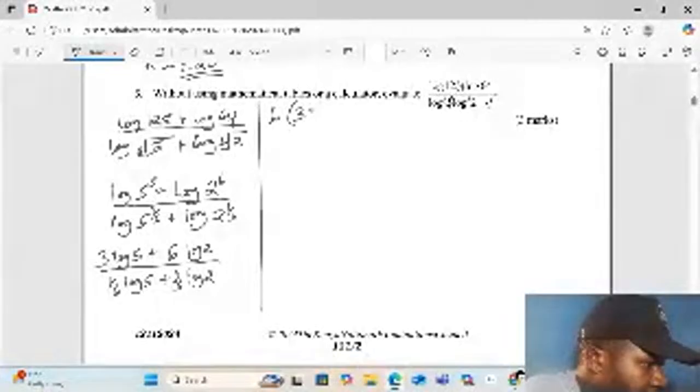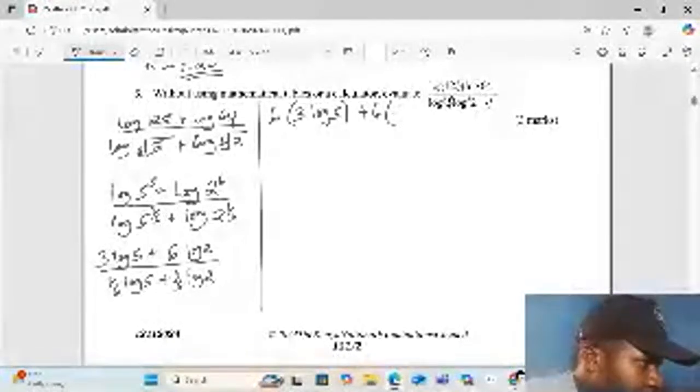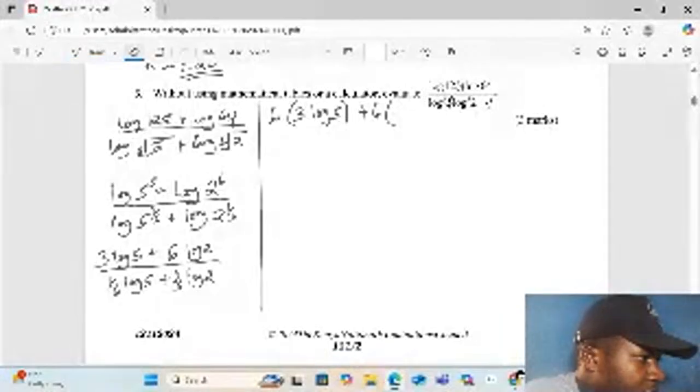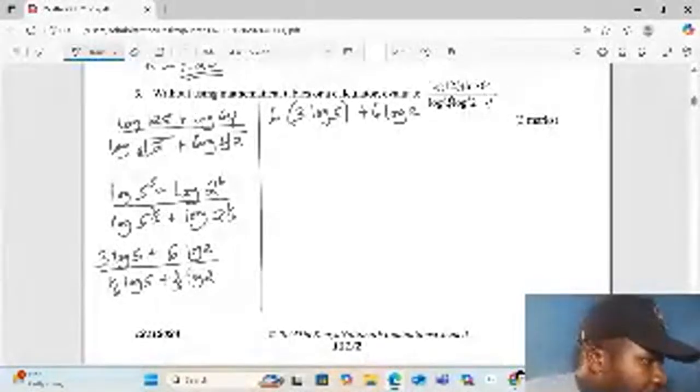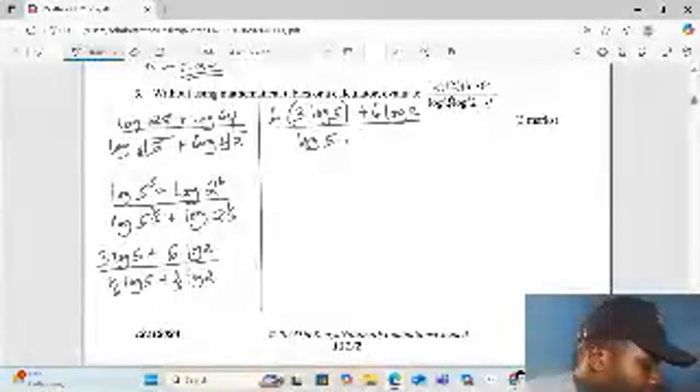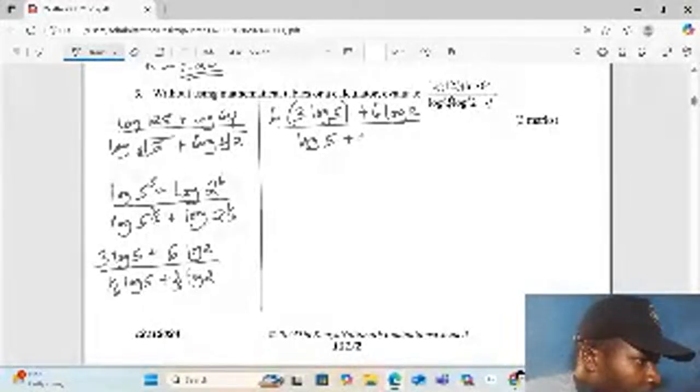So we are going to have 6 into 3 log 5 plus 6 into 6 log 2, divided by log 5 plus 2 log 2. Now the 6th is gone.